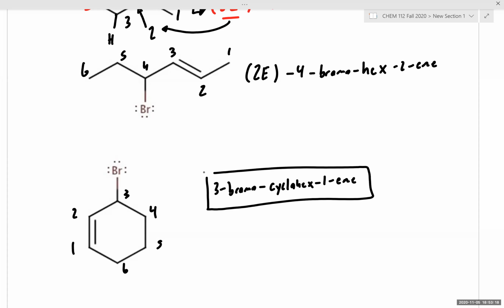Or do we have agreement with this proposed name? Is everyone comfortable with this example? Perfect.